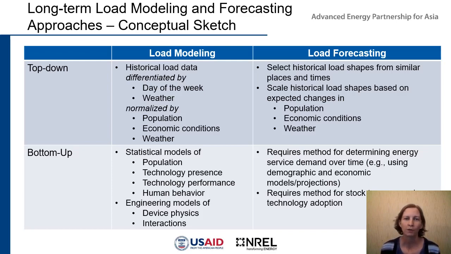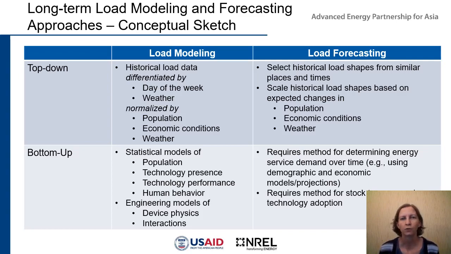So depending on what perspective we have, the top-down versus bottom-up approaches might look a little bit different. If we're doing top-down load modeling, then we're really focused on what does historic load look like, and can we relate some high-level variables like population, economic conditions, or weather, can we relate those to what the load quantity and shape looks like?